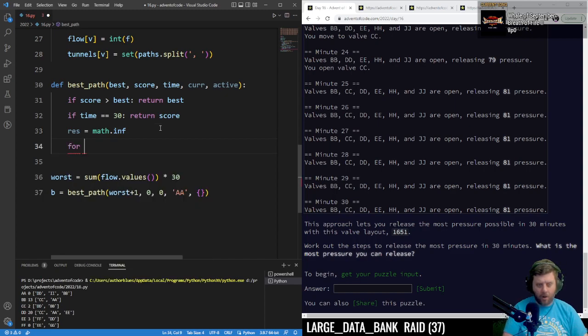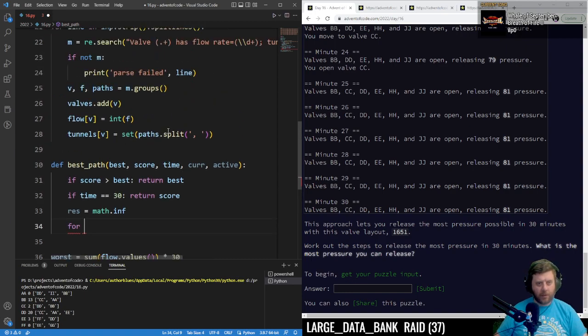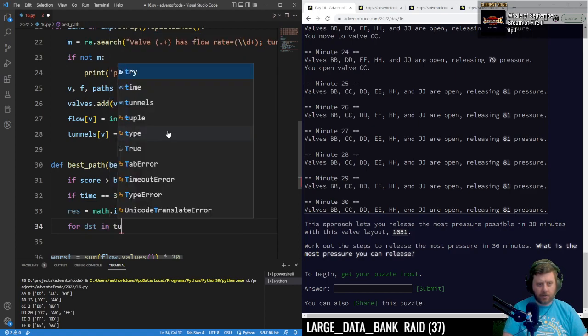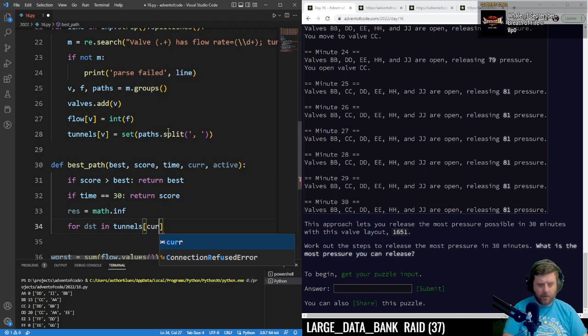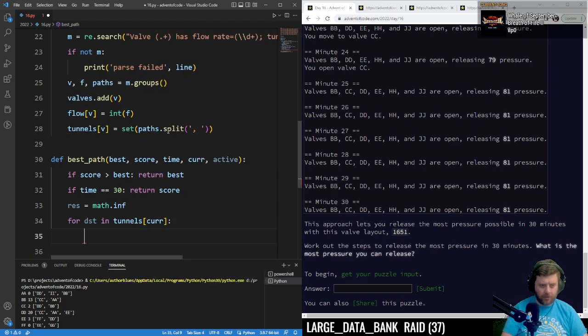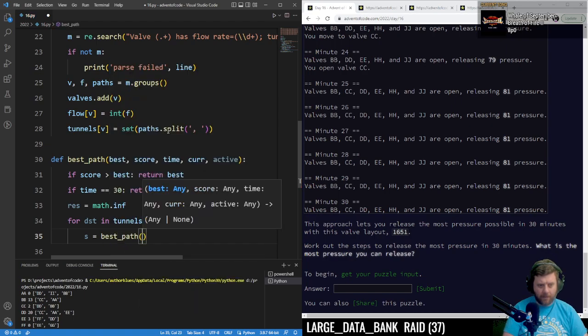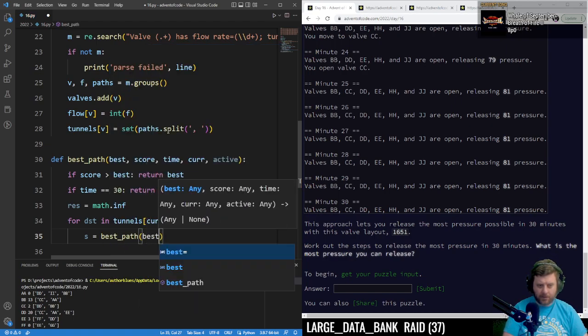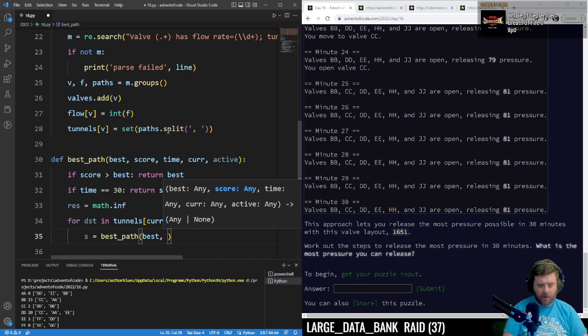For all of the options that involve moving, so that would be all the places I can get to from here. So for destination in tunnels that are attached to my current location, that would be best path given. Still, this is the best I've seen so far.